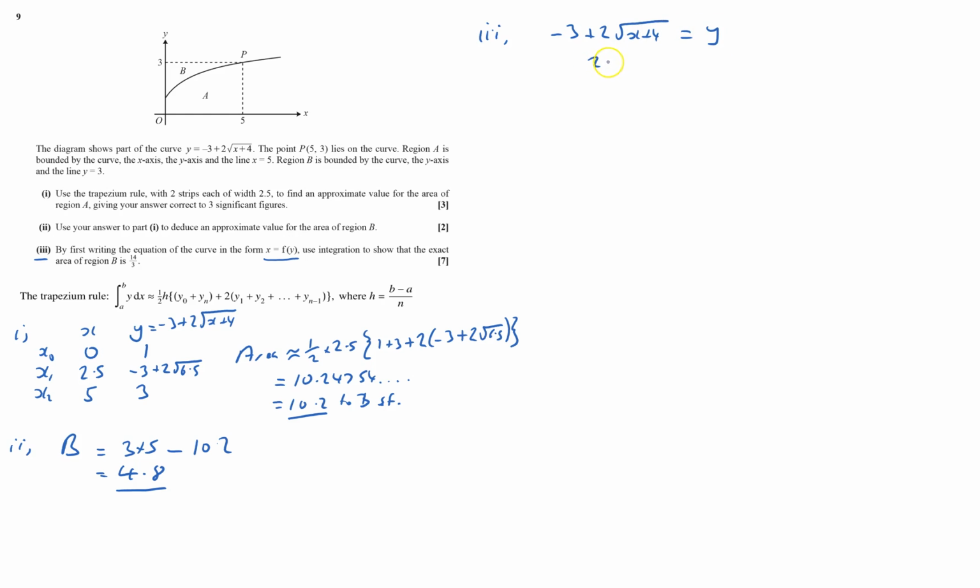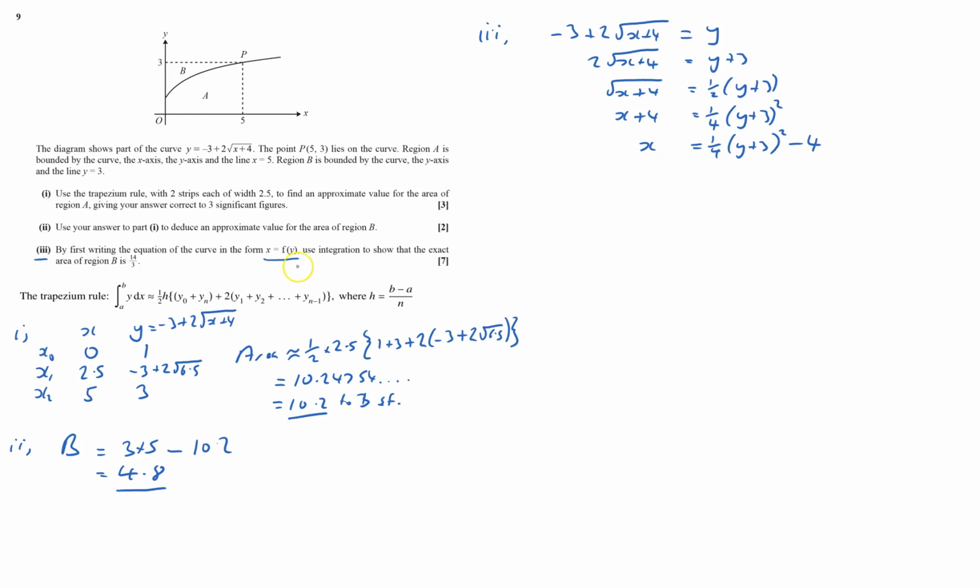Add 3 to both sides, so 2 root x plus 4 equals y plus 3. Divide that by 2, so root x plus 4 equals a half of y plus 3. Square both sides, so that will give us x plus 4 equals a quarter of y plus 3 squared, and take away 4, so that'll be a quarter of y plus 3 squared minus 4.